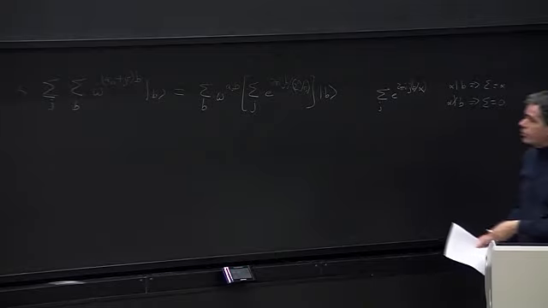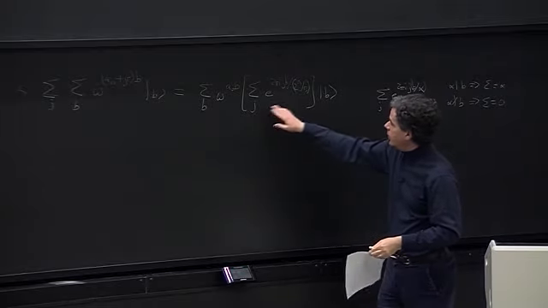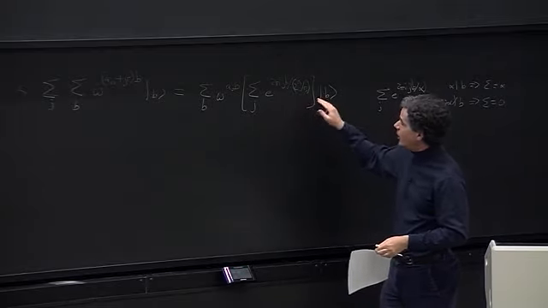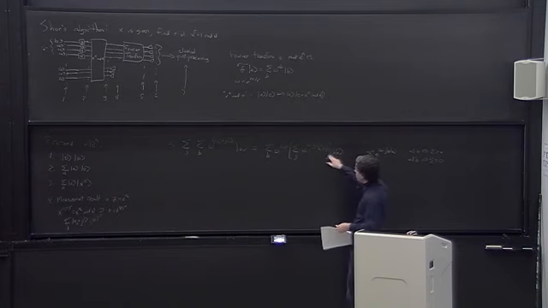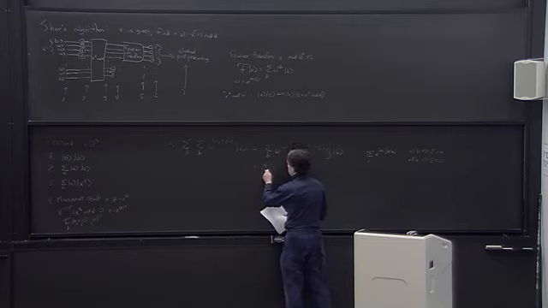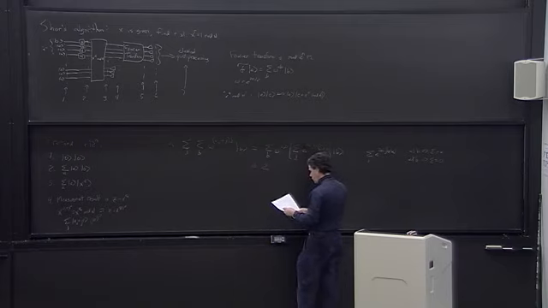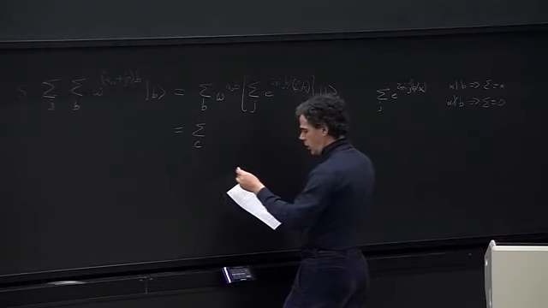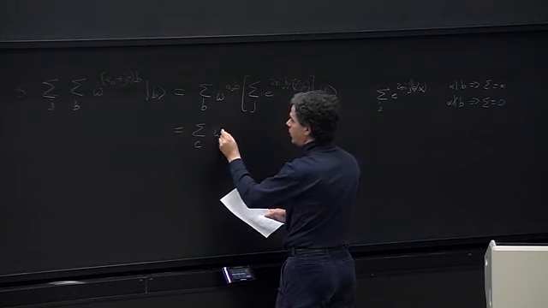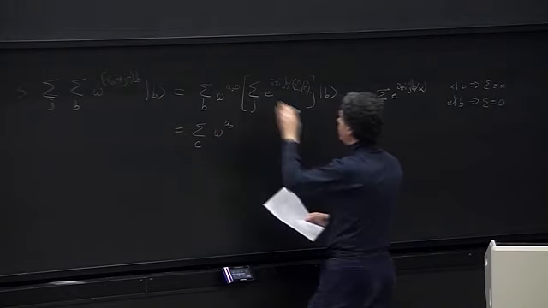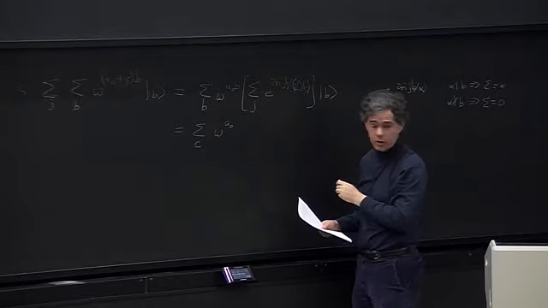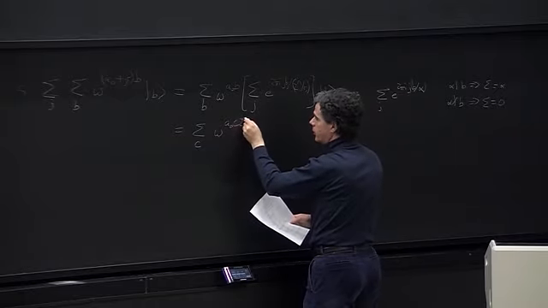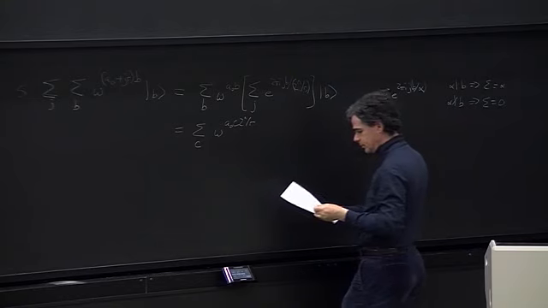OK? And so what that means is that this sum is going to kill out all values of b that are not a multiple of 2 to the n over r. So we can do that. We're going to be left with a sum over c. And we're going to let b be equal to c times 2 to the n over r. So this is this.